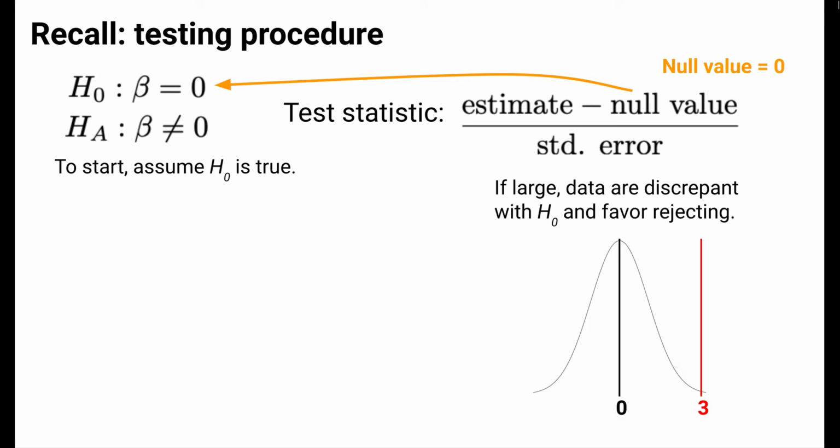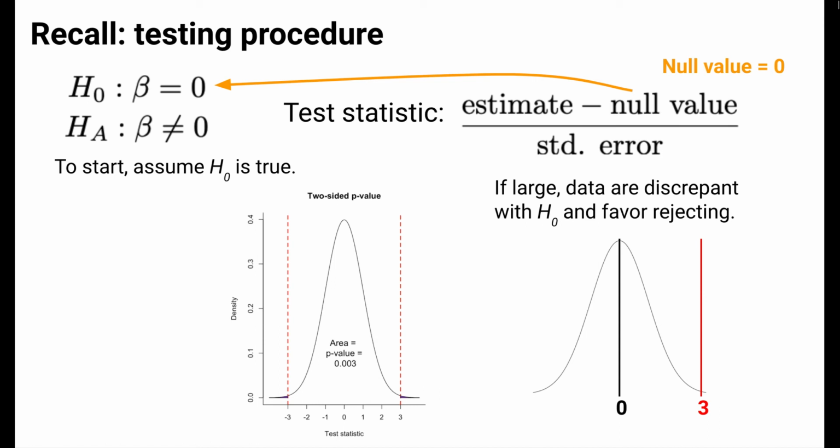Another way to view this is that if we look at the sampling distribution of test statistics under the null, that is, if the null were true, a large test statistic would be rather unlikely because it's far from typical test statistics arising if the null were true. So maybe the premise that the null is true is actually wrong.